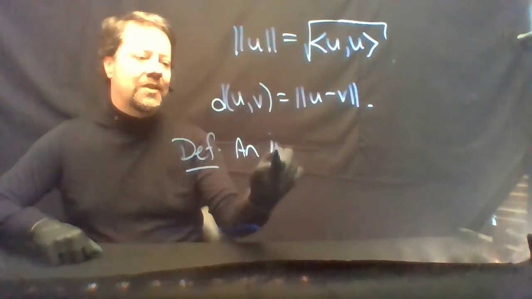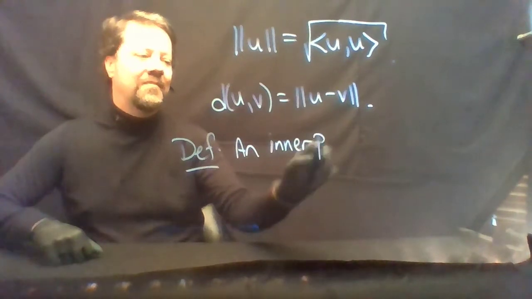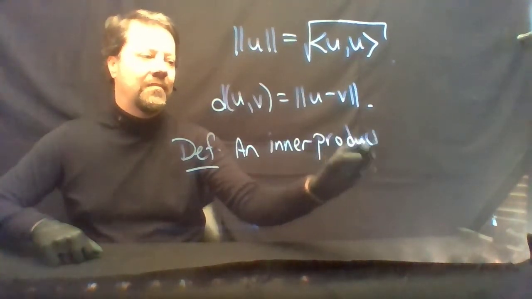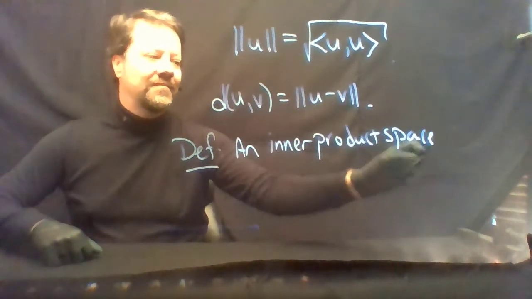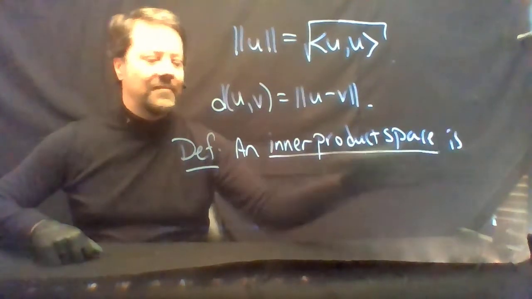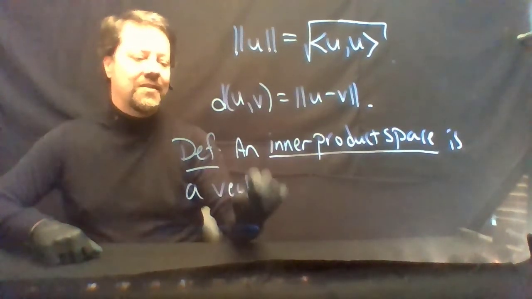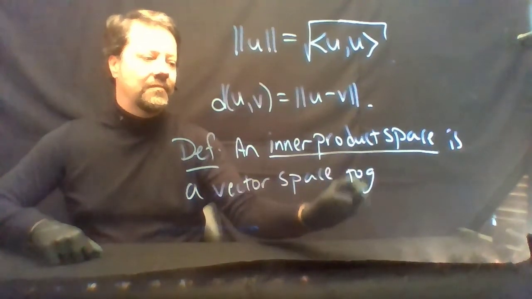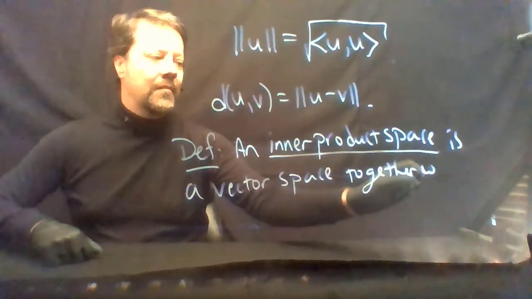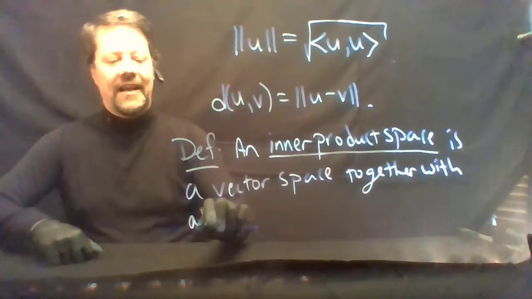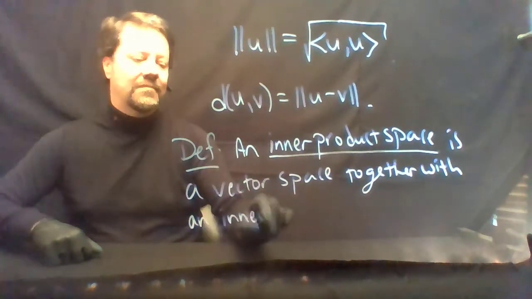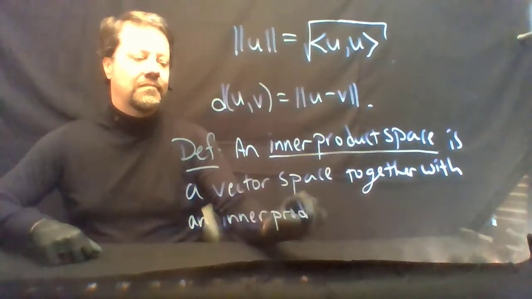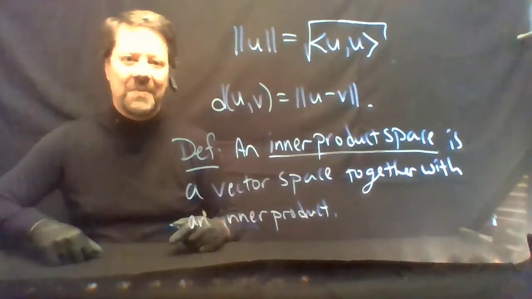An inner product space is a vector space together with an inner product defined on that vector space.